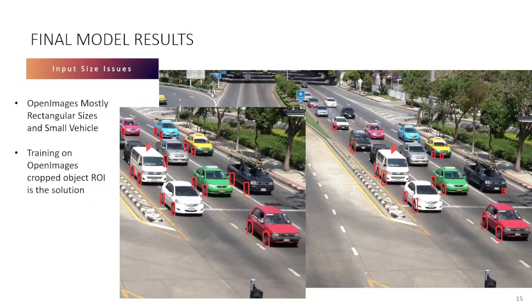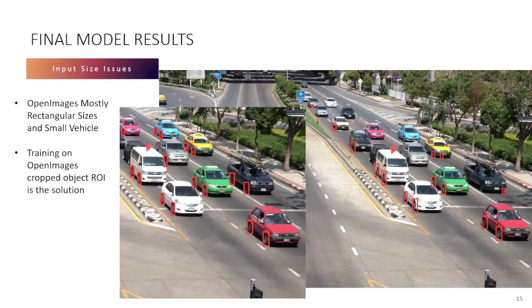That apparently all comes back to the input size of the detector. Most of the open images are rectangular sizes, and the vehicles presented in them are actually small, and the wheels are even smaller.